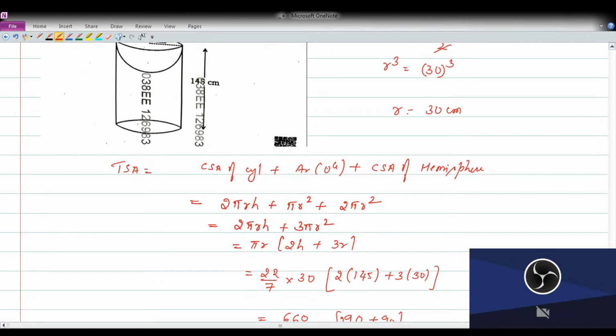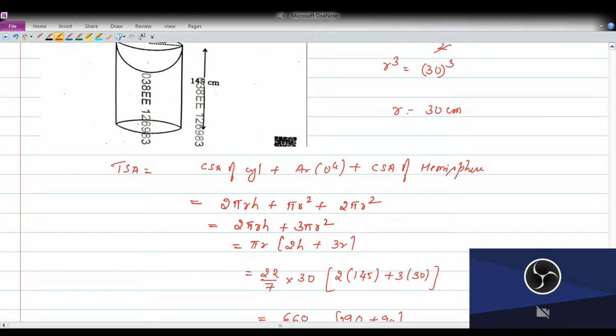I got 2h plus 3r. So pi is 22 by 7 into r is 30, or else you can keep it in terms of pi itself, because they kept the volume in terms of pi. The height of the cylinder is given, that is 145. 145 into 2 becomes 290.